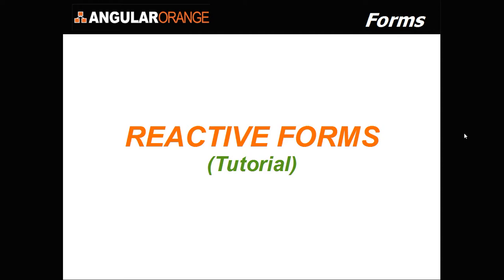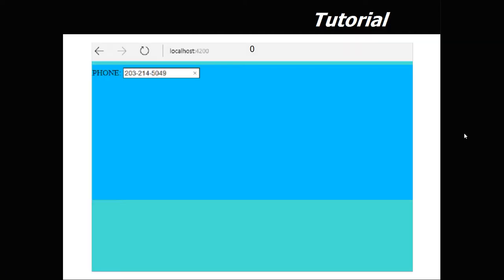This tutorial is on reactive forms, and what we're going to do is a simple application. We have an index.html, we have a root application component, and in that root application component we're going to have an associated template, and that template will have a phone form field.